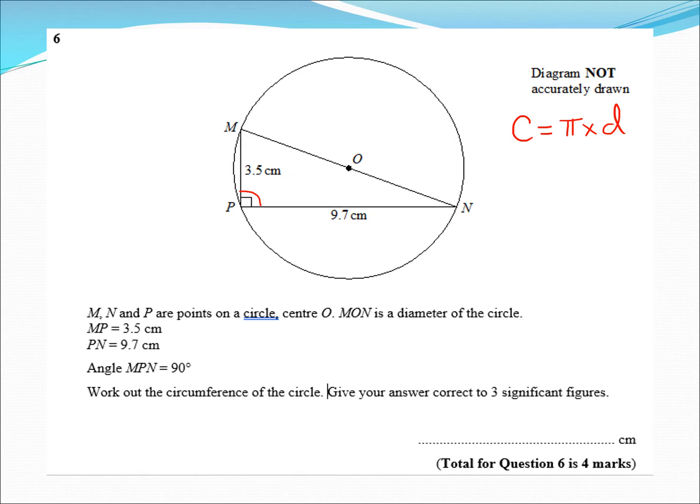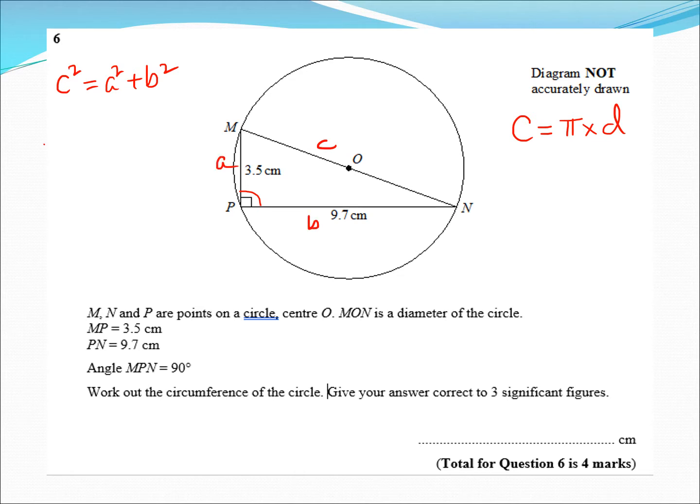For that, we're going to use Pythagoras theorem, because this is a right angle triangle where MN is the hypotenuse. So Pythagoras theorem tells me c squared is a squared plus b squared, where c is the hypotenuse and a and b are the two shorter sides.